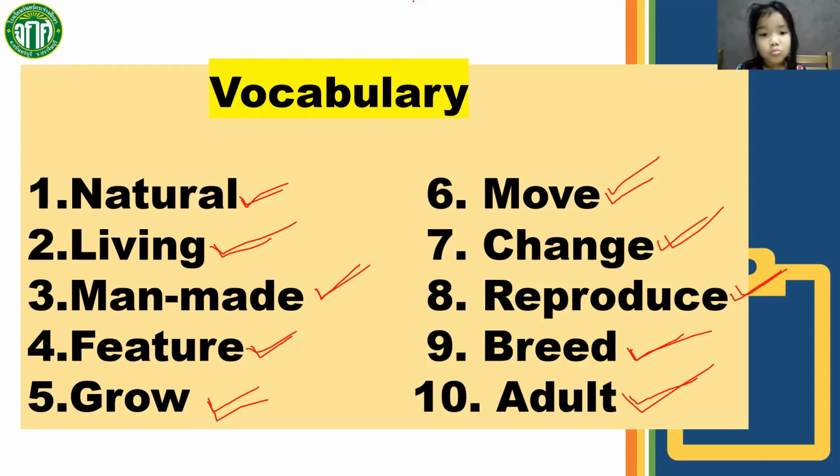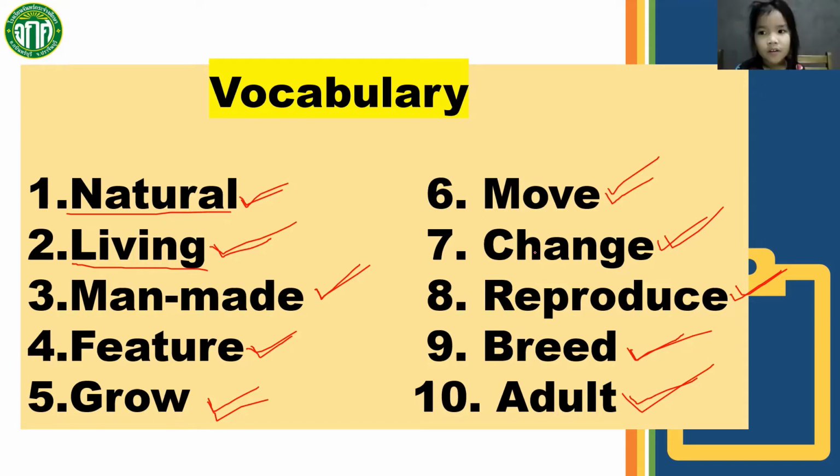Let's start first with Nana. Nana, please unmute yourself and spell number 1 and number 2. Natural. Number 2, living. L-I-V-I-N-G. Living. Very good. Thank you so much, Nana.